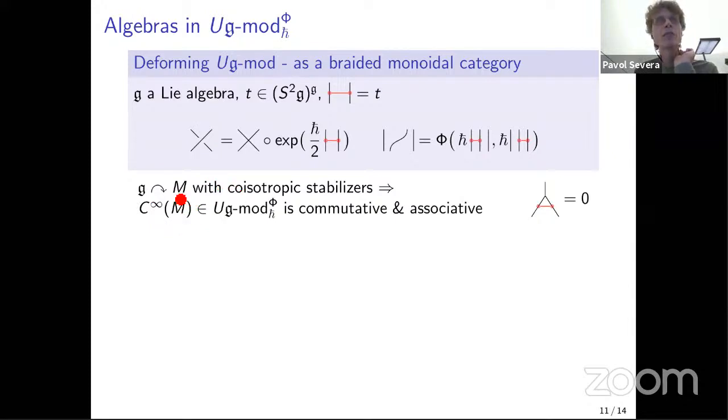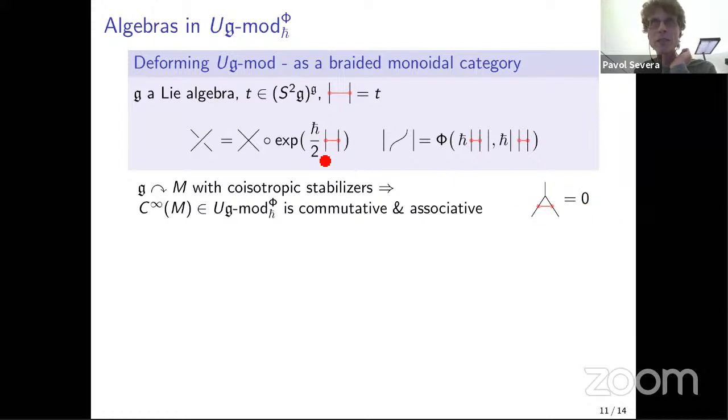And it turns out that if the action is very nice, if it has coisotropic stabilizers with respect to this inner product, with respect to the T, then C infinity of M simply stays commutative and associative even in this crazy category. Why is it so? Because this condition of coisotropic stabilizers is precisely the condition that if you take two functions on M, apply this chord thingy and then take their product, this is 0. That's a translation of what coisotropic stabilizers mean.